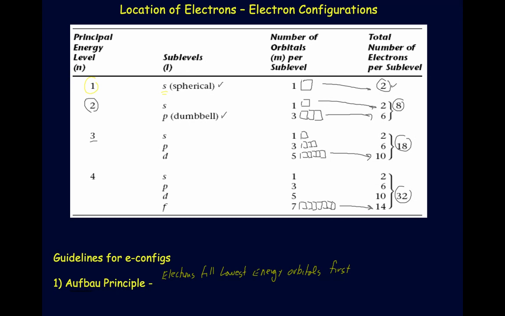So that's really important. Lowest energy is always first, and typically that's as close to the nucleus. A good example would be 1s before you go on to the next one, which is 2s.